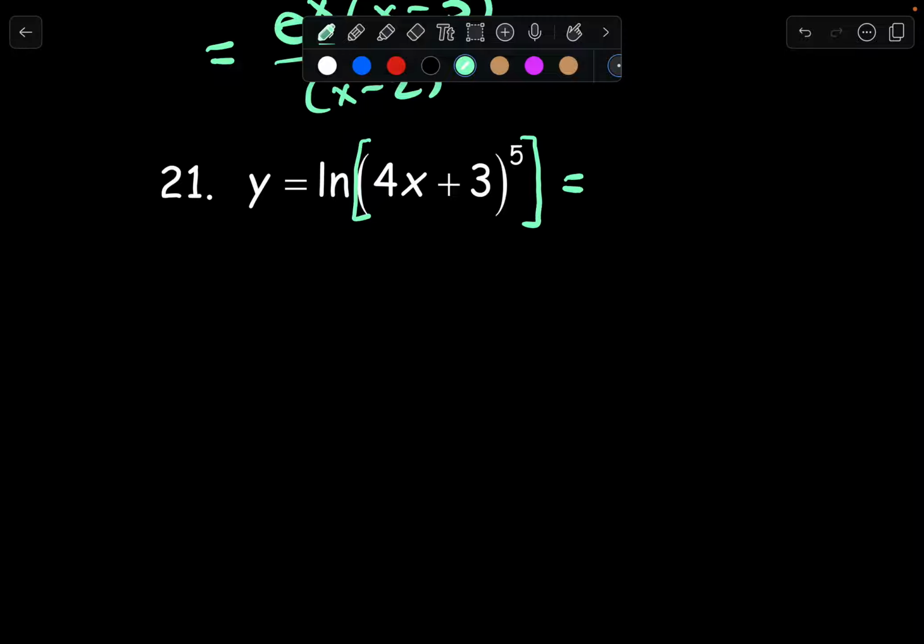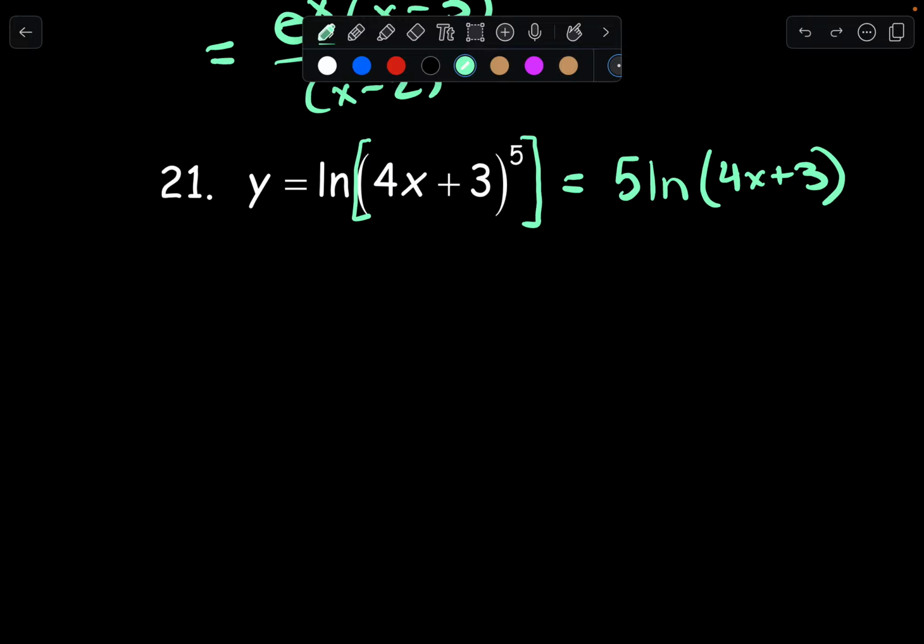So with our log properties, we can rewrite this as 5 natural log of 4x plus 3. So I'm not differentiating, which is why I did not write the 4 here. This is a log property rewrite that we can use in order to make the differentiation process a lot easier, okay?